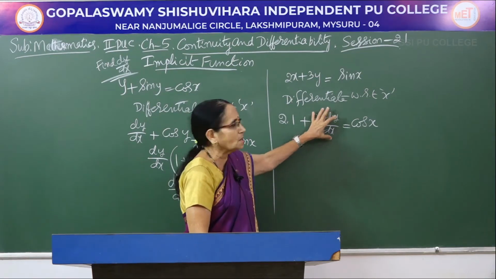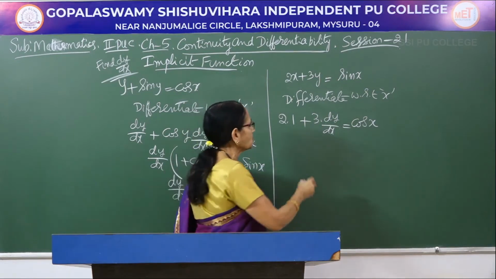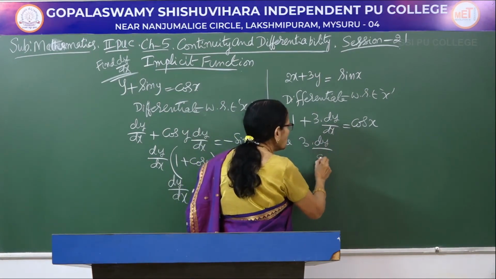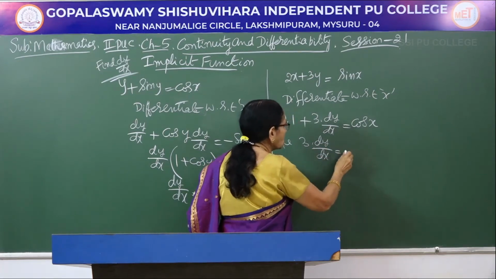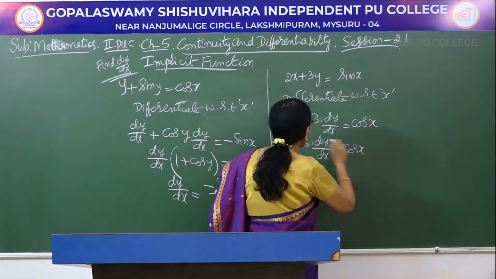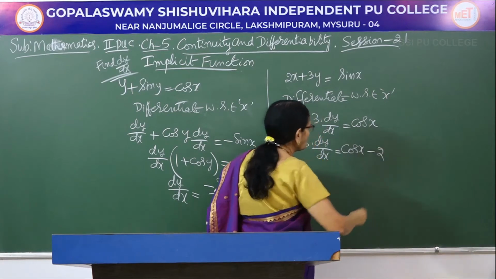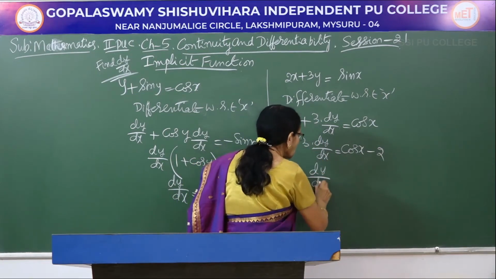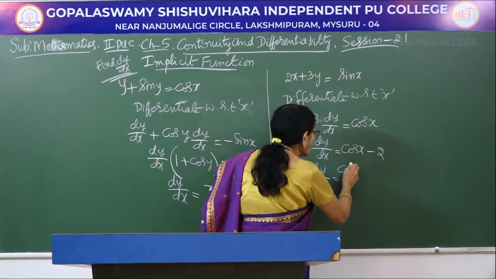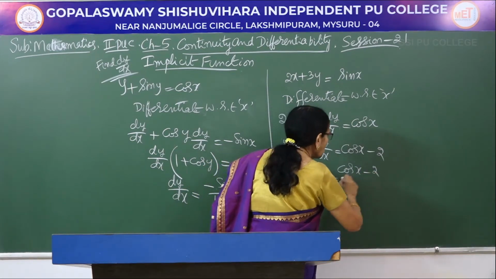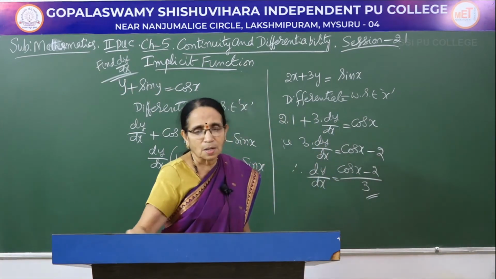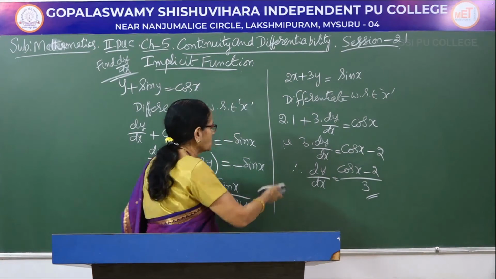Keep it on the left hand side, shift 2 to the right hand side, that is 3 into dy by dx would be equal to cos x minus 2. Since we want dy by dx, dy by dx would be equal to cos x minus 2 divided by 3. So, this is the derivative of the given function.